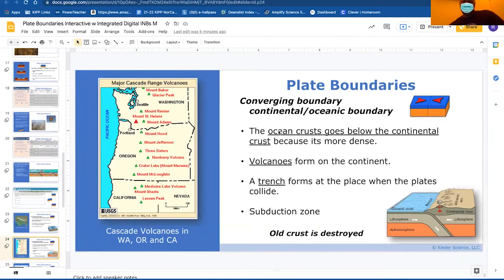All right. Converging boundary, continental and oceanic boundary. The ocean crust goes below the continental crust because it's more dense. Volcanoes form on the continent because as the oceanic crust goes underneath into the mantle, coupled with the water it carries with it, and then the heat, that magma rises back through the continental crust, creating a volcano.